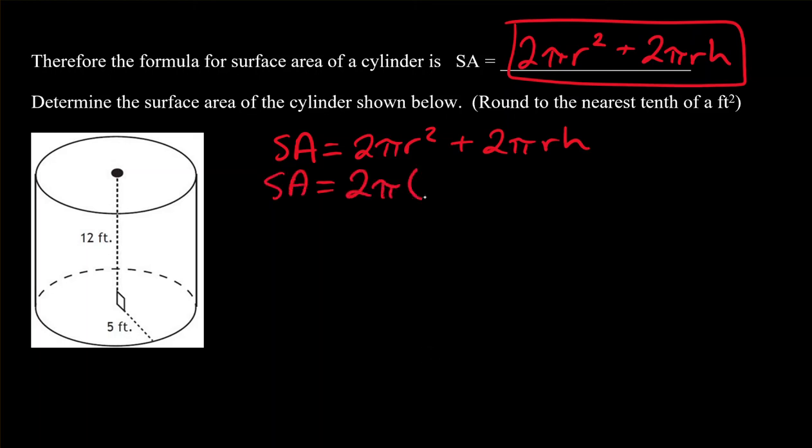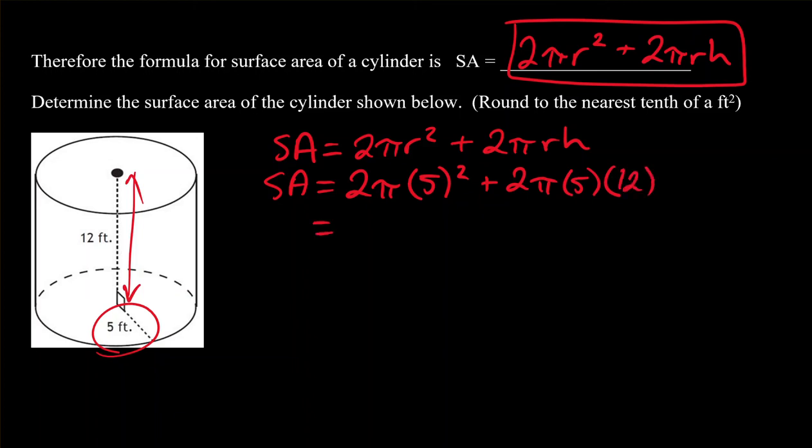2 pi, what is the radius? The radius looks like it's 5 feet. So 5 squared plus 2 pi, again the radius, times the height. Well, this cylinder is 12 feet tall. 12. Perfect. And because pi is an irrational number, we're going to get a really long decimal number here.